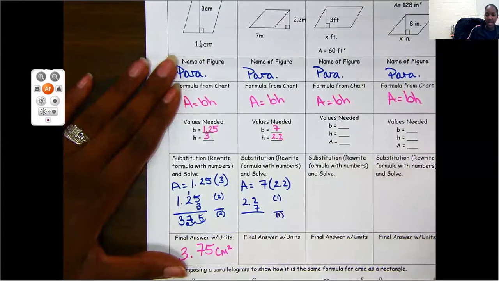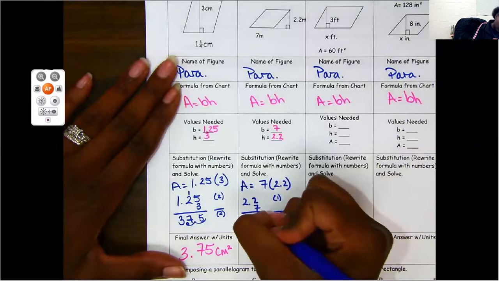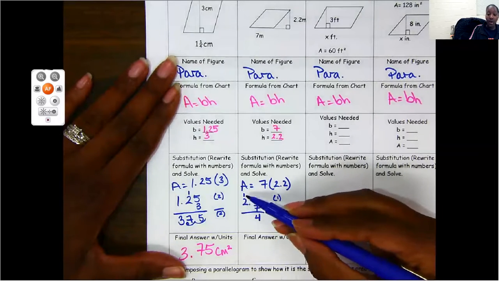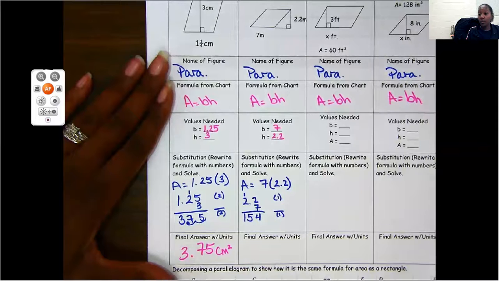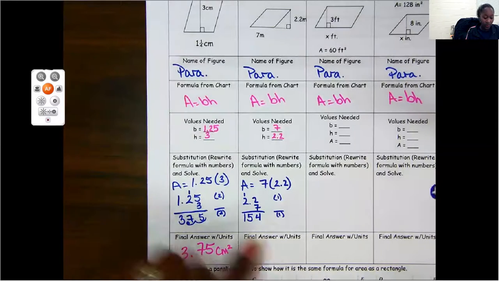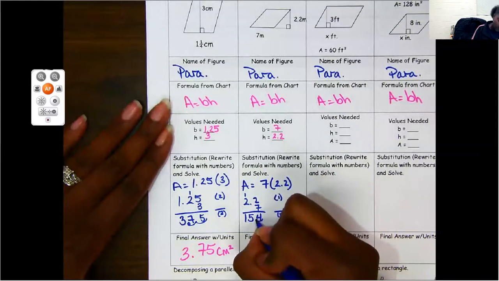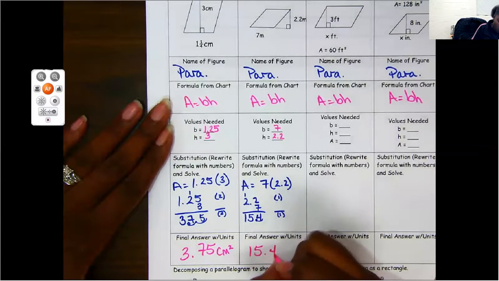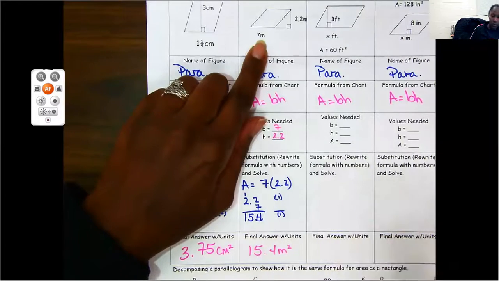So I need to account for that 1 decimal in my final answer. Multiply like normal. 7 times 2 is 14. 7 times 2 is 14 plus 1 is 15. I have 154, but remember that's not my final answer. I need to move my decimal 1 spot. Start at the back, 1. So my final answer is going to be 15.4 meters squared.